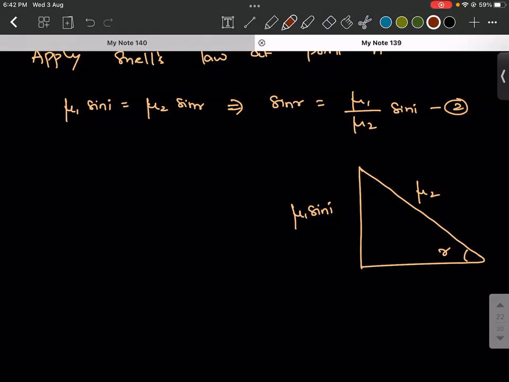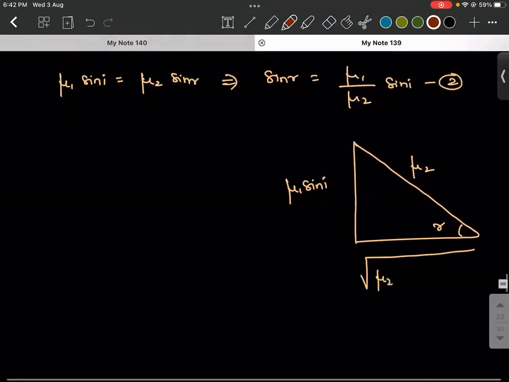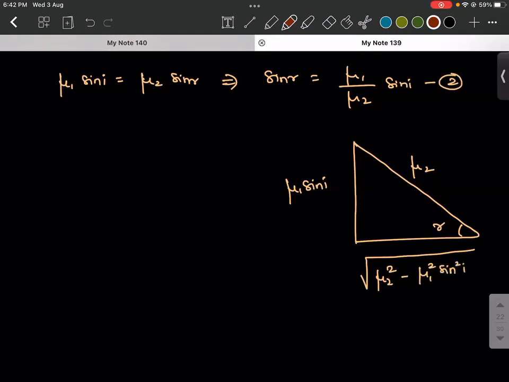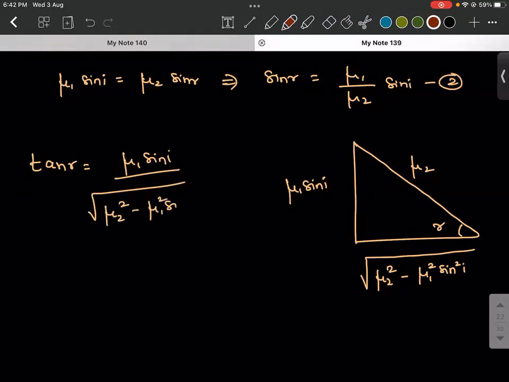So if that is the case, what is going to be the value of tan R? For that, we will calculate the other side. That is going to be root of mu2 square minus mu1 square sine square I, right? So tan R is equal to mu1 sin I divided by root of mu2 square minus mu1 square sine square I, and let me call this equation number 3.